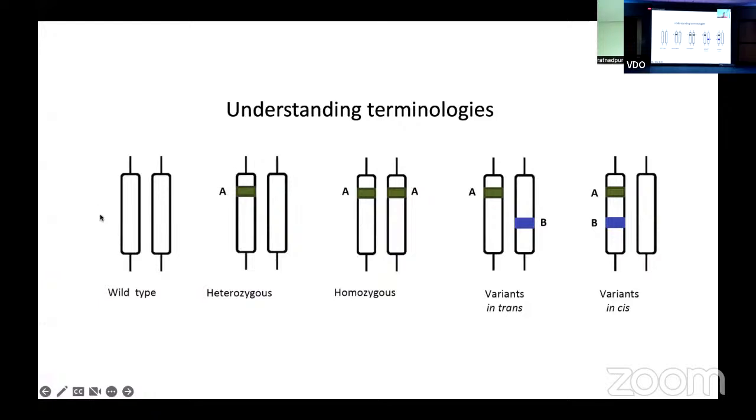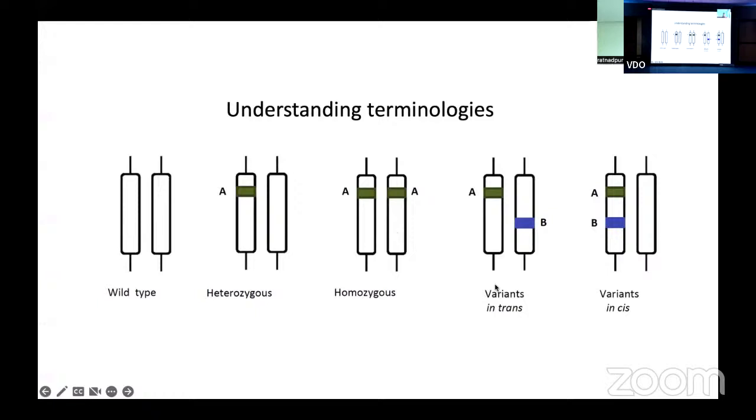Every gene has 2 copies. A heterozygous change is a change in only 1 copy. A homozygous change is a change that is present in both copies, and this change is the same. A compound heterozygous change is a change again that is present in both copies, but they are 2 different changes.